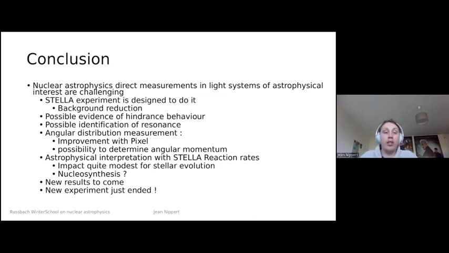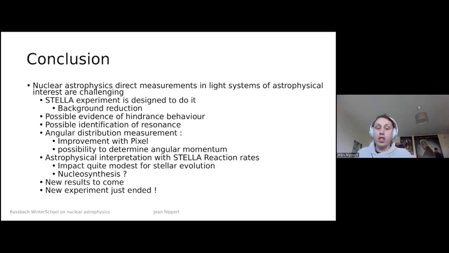We will be able to measure a better angular distribution with the addition of pixels, and determine angular momentum with it. So for the astrophysical interpretation, with the stellar reaction rate, we saw that the impact is quite modest for the stellar evolution, but there is still a lot to learn about the nucleosynthesis.